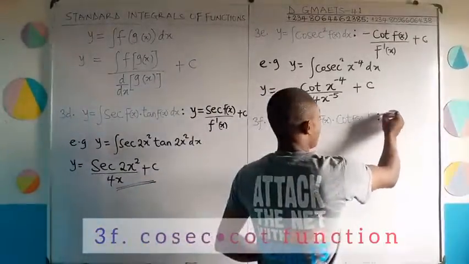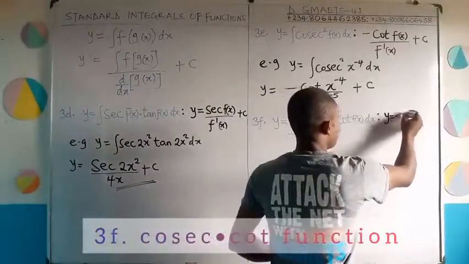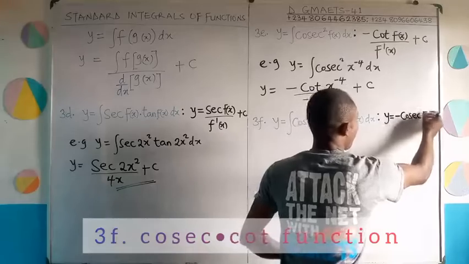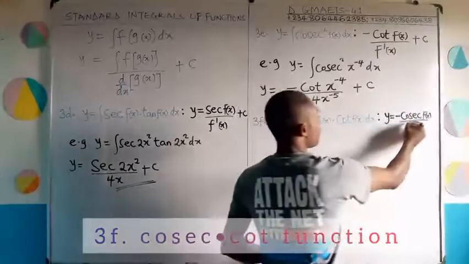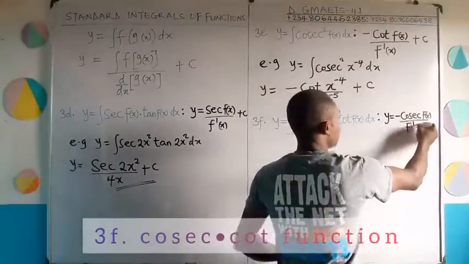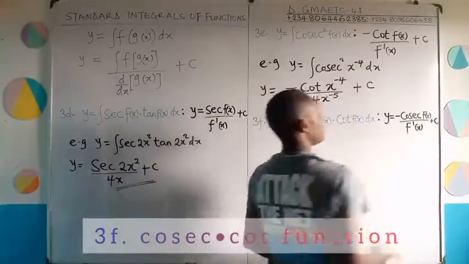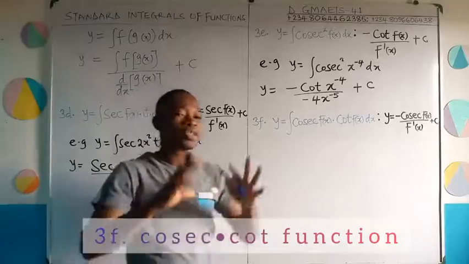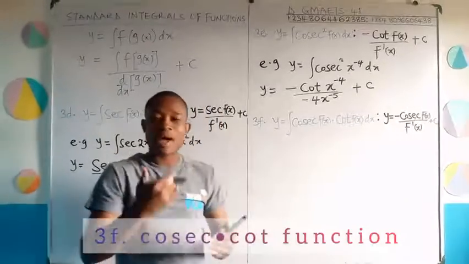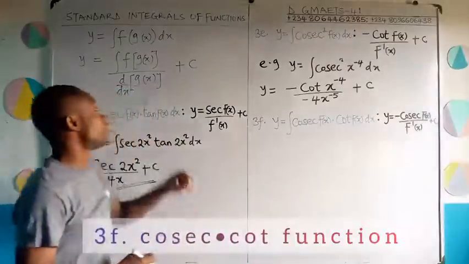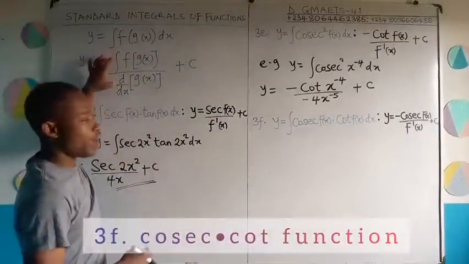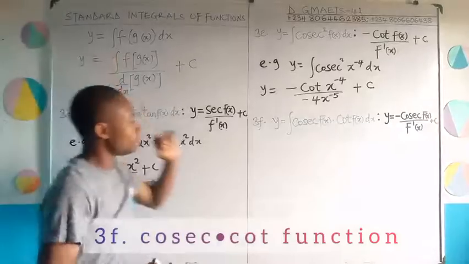And the standard integral of this function is minus cosec f of x divided by, we differentiate the minor function as usual, and then add plus C. So you see that this whole standard integral follows a particular pattern. Integrate the major function divided by differentiate the minor function, just like I already indicated earlier.